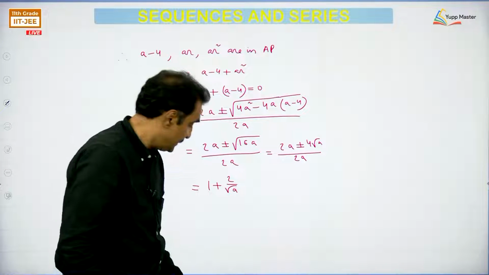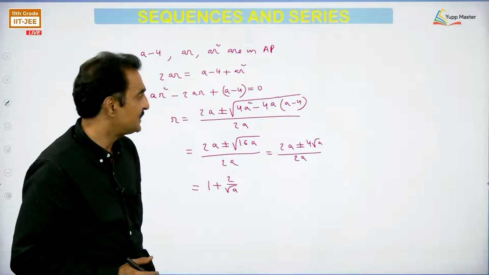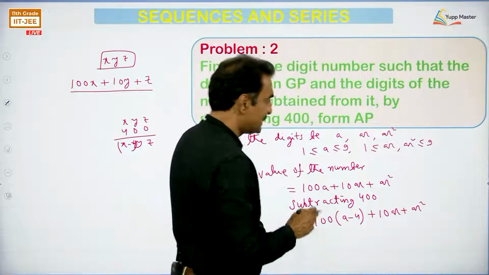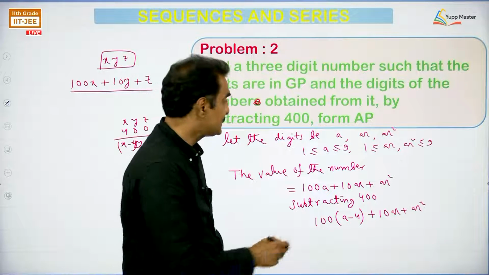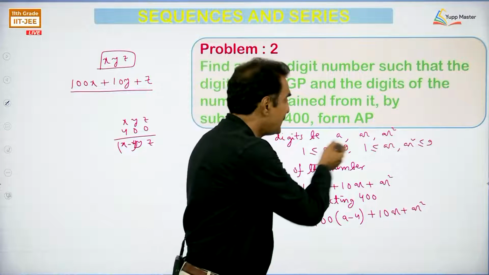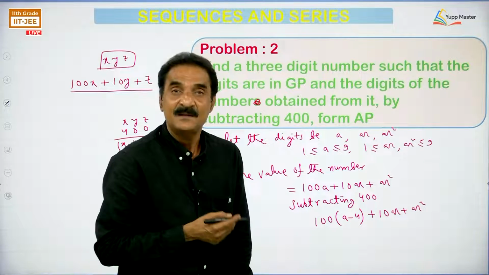But here, if you observe what kind of number r should be, let us observe. a is an integer, ar is an integer, positive integers lying between 1 and 9. That means ar by a is what? Integer by integer, that is rational.